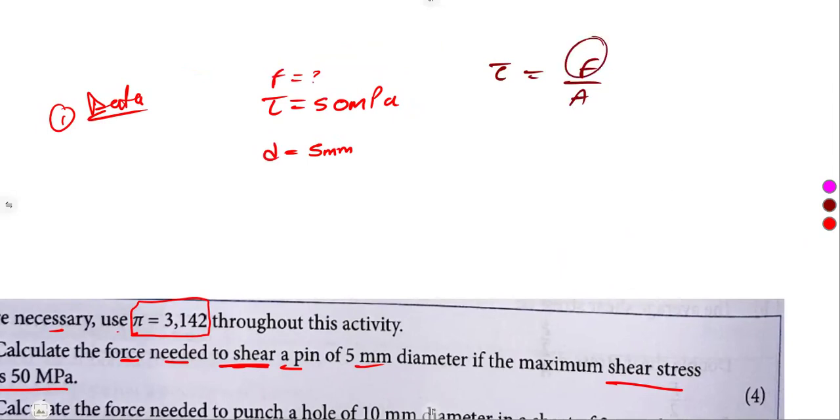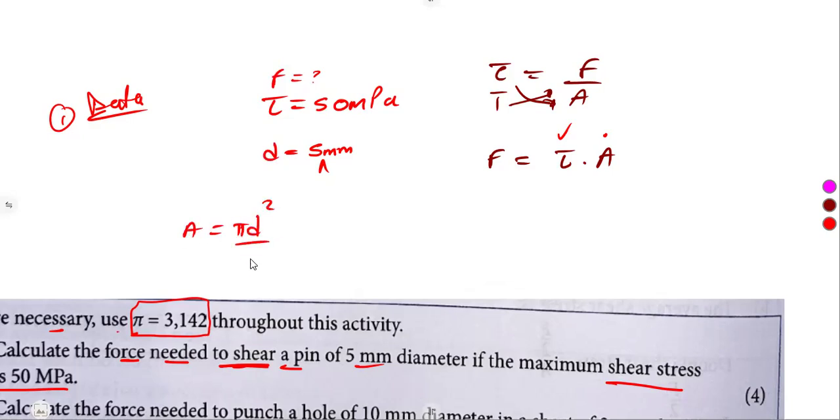What we need is the force, so we simply cross multiply. Force is equal to the shear stress times the area. We do not have the area, so we calculate it from the diameter: pi d squared over 4, in millimeters as it is.